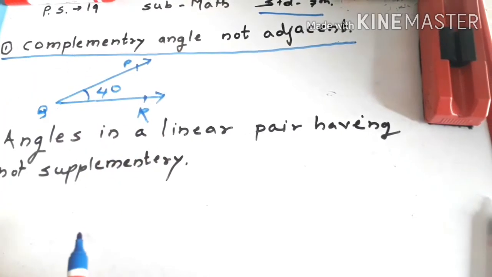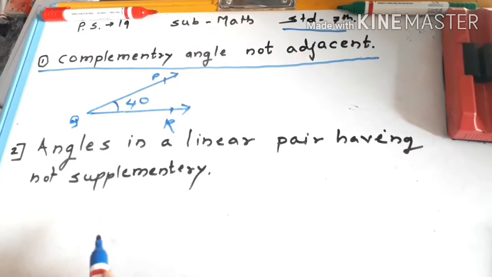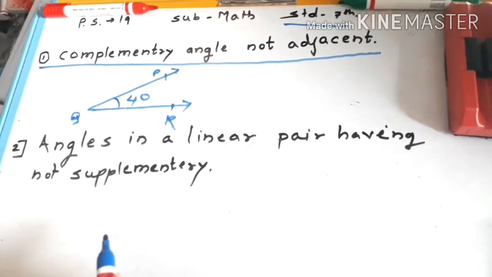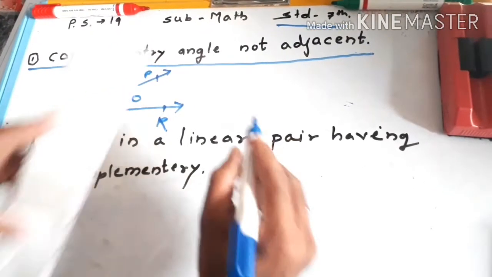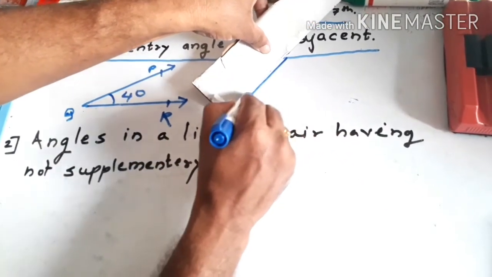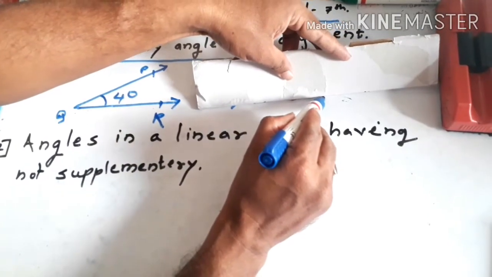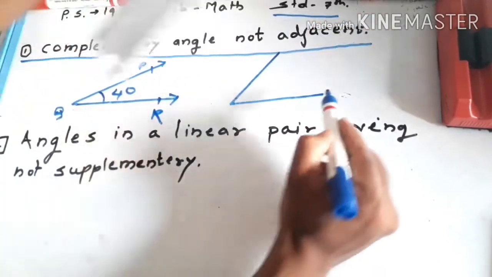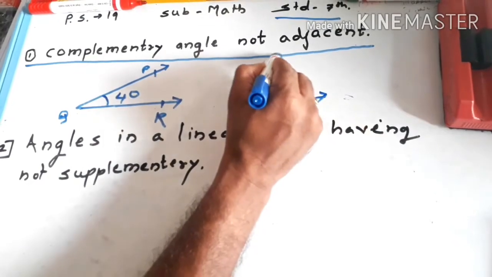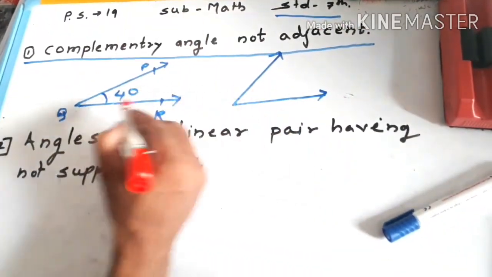So we know the sum of complementary angles is 90. So we have drawn another angle. Who will tell me the measurement of the other complementary angle? Both angles have their sum equal to 90 and both angles are complementary.